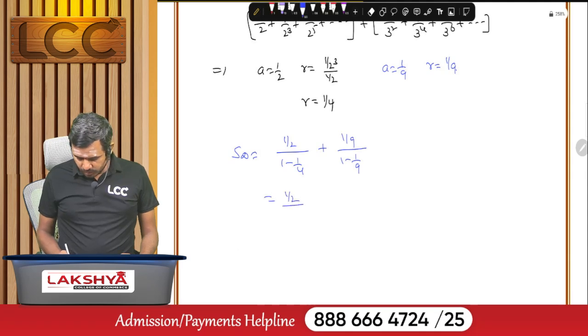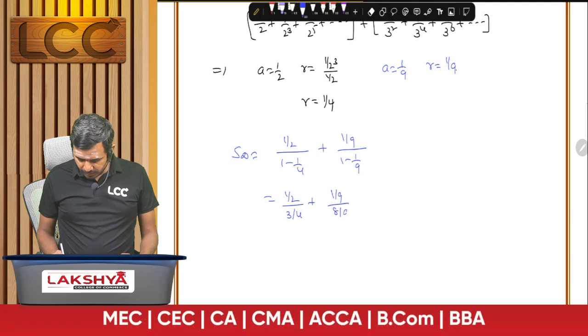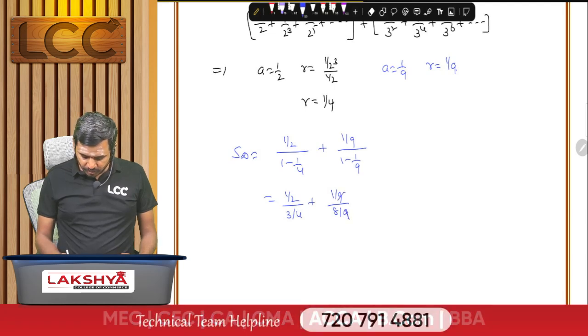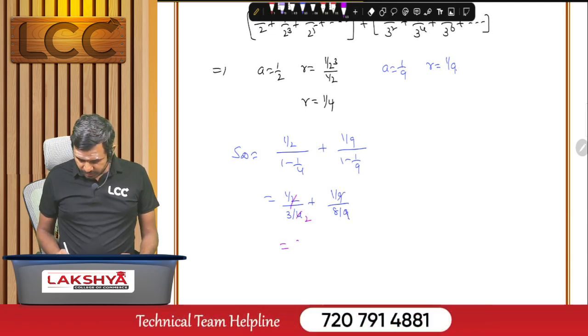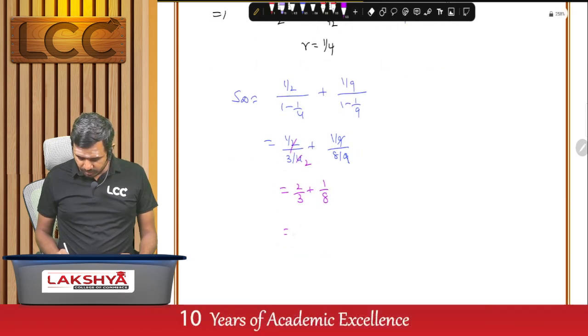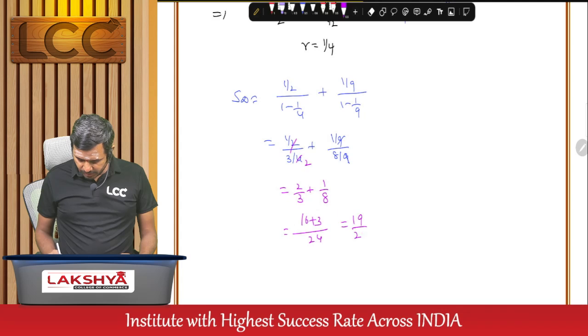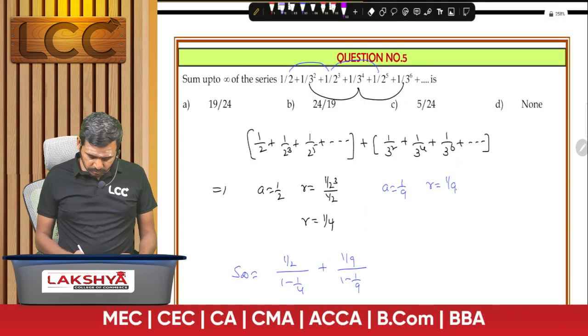This is 1 by 2 by 3 by 4 plus 1 by 9 by 8 by 9. The 9s cancel, and the 2 cancels, giving 2 by 3 plus 1 by 8. The LCM is 24: 16 plus 3, which is equal to 19 by 24. See, the answer is A.